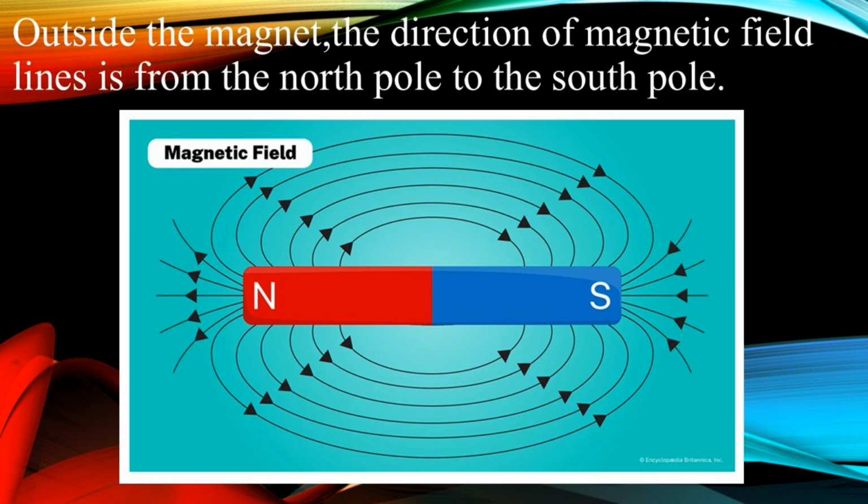Outside a magnet, the magnetic field lines always travel from the north pole to the south pole. That's why on diagrams you will see arrows pointing away from the north and toward the south. Inside the magnet, the direction is reversed. The lines go from south to north, so that every line completes a continuous closed path.